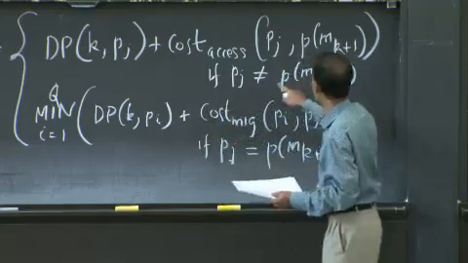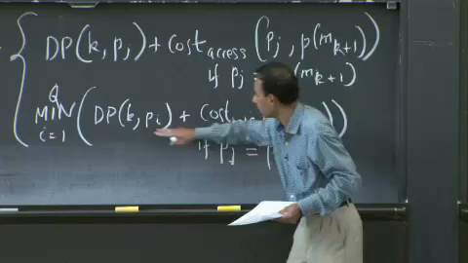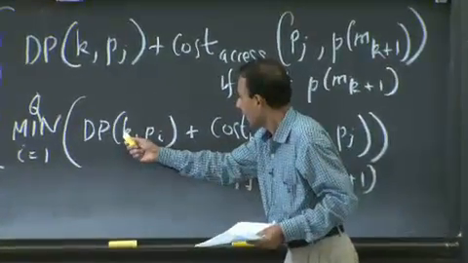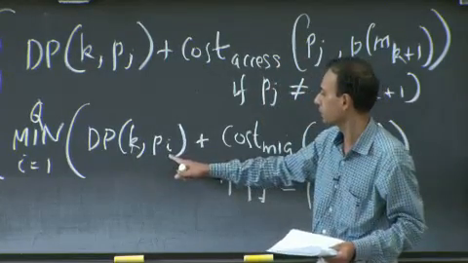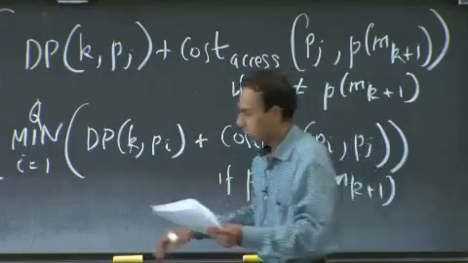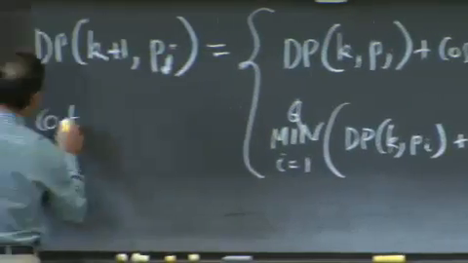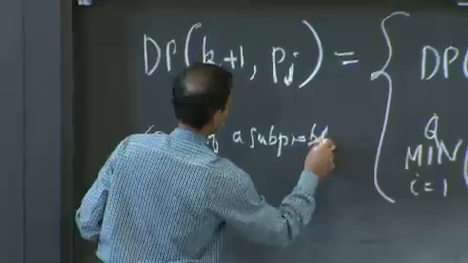And in the case of migration, you could end up choosing different starting points corresponding to the Pi's, and you have to run through all of those. All right? So what's the cost of a subproblem, or the running time of computing one of these things?